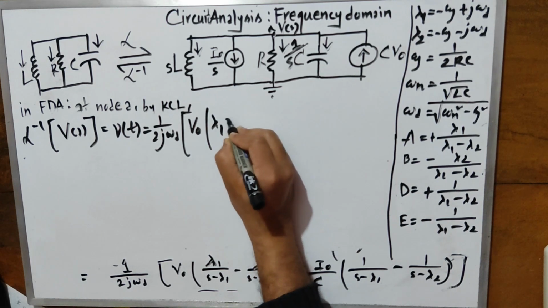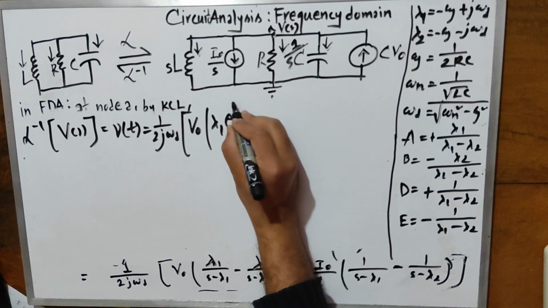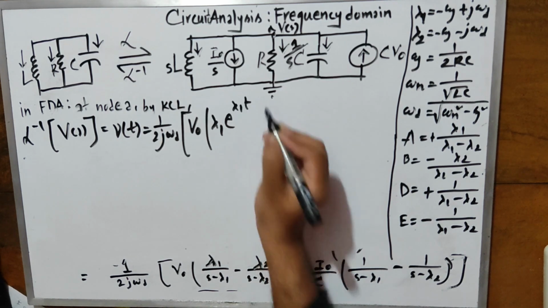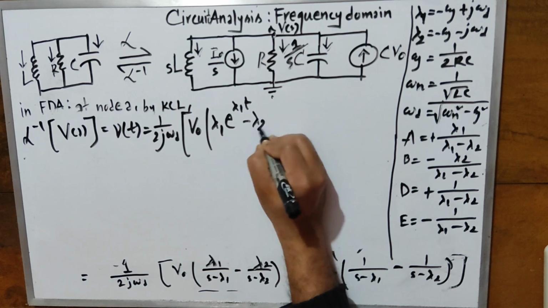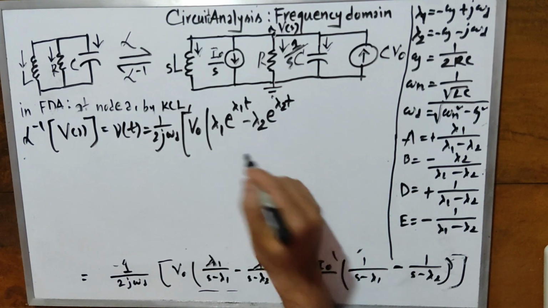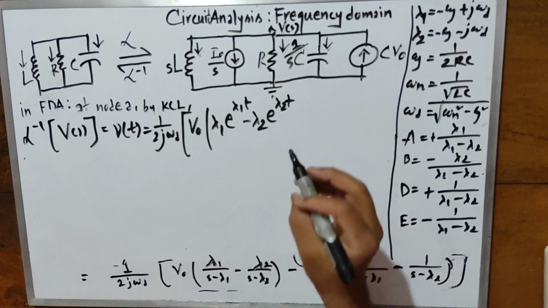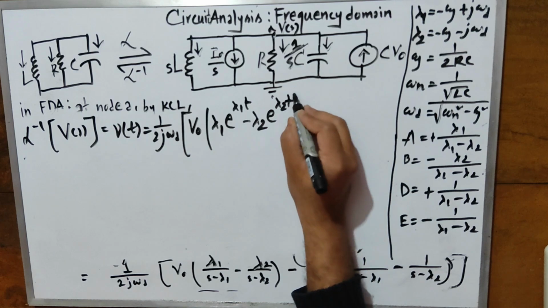lambda 1 e to the power lambda 1 t minus lambda 2 e to the power lambda 2 t. This is the basic inverse Laplace transform formula, so you can check it.